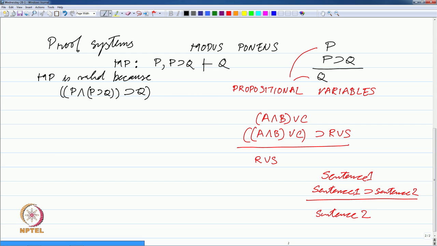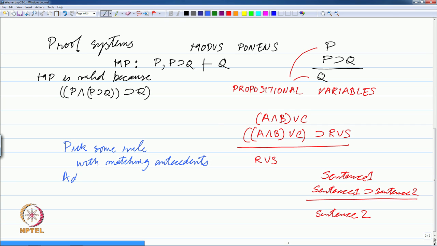So what is a proof system? A proof system is essentially an algorithm, you might say, that does the following: pick some rule, and when we say rule we mean a rule of inference, with matching antecedents, which means in our knowledge base there are certain formulas which match the antecedents.